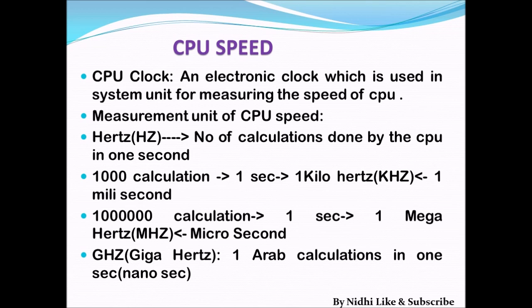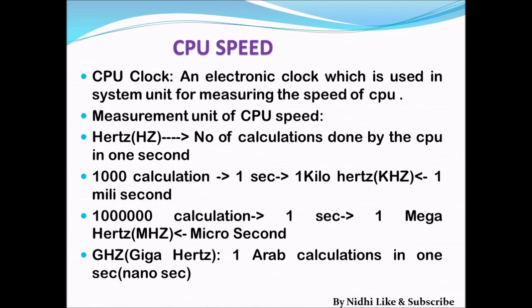Similarly the higher unit is 1 megahertz, that is done in a microsecond, and the next higher unit is gigahertz, in which 1 billion calculations are done in 1 second, or you can say in a nanosecond. So this is a point that can be used in computer performance.